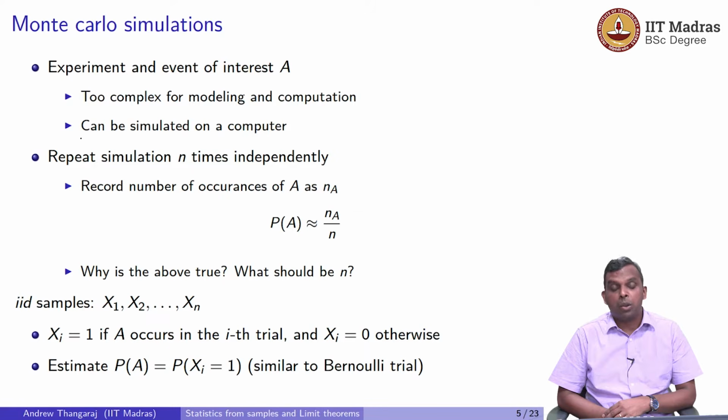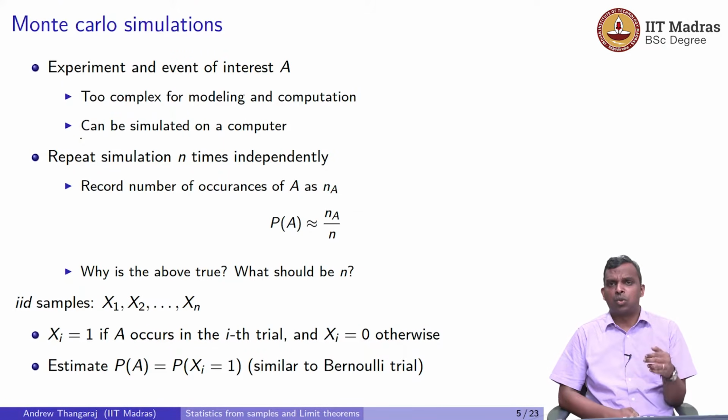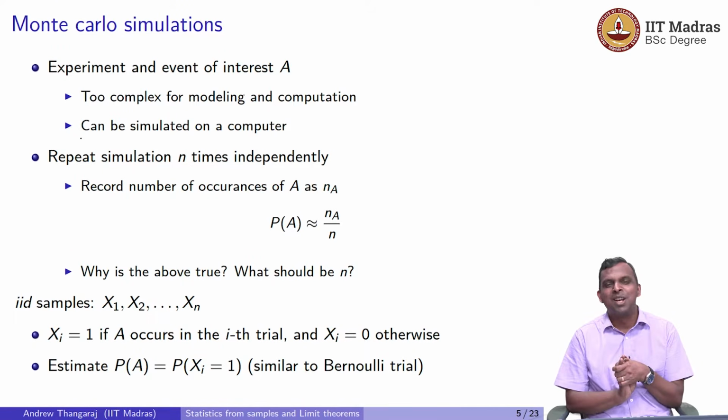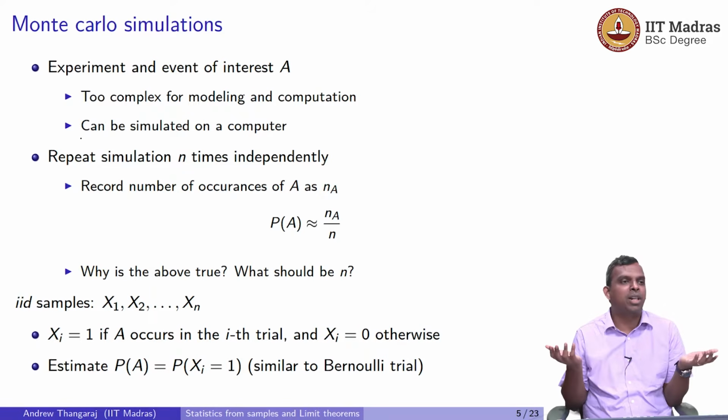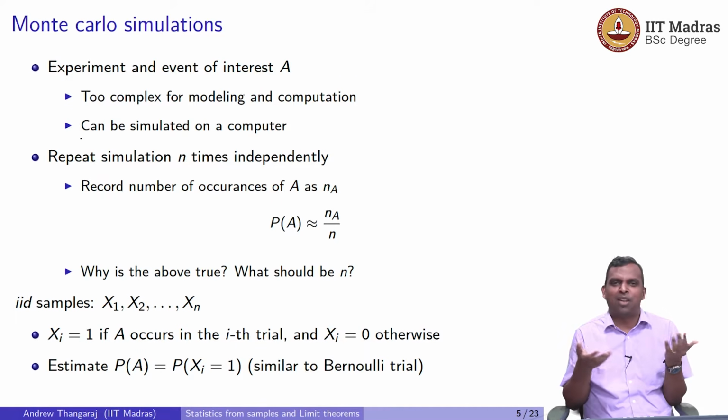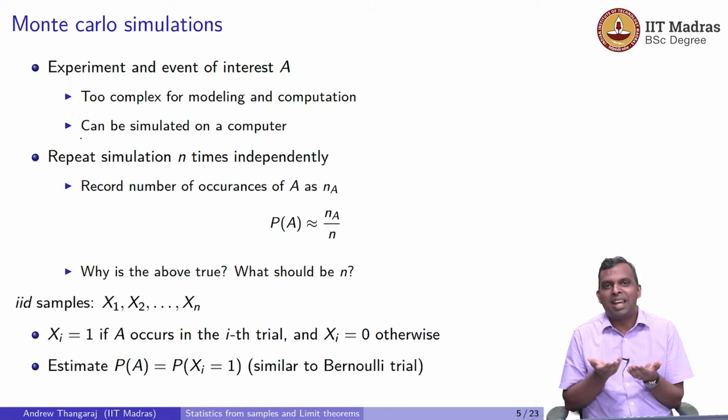Okay. So again, you might wonder, why is this true? This is sort of like the bedrock of probability theory in some sense, right? You want to think of the probability of an event A as some sort of a frequency with which it occurs, right? If somebody says probability of A is 10%, and you observe the experiment 100 times, you pretty much expect that around 10 times, maybe 9 or 11 or something like that, A must have occurred, right?